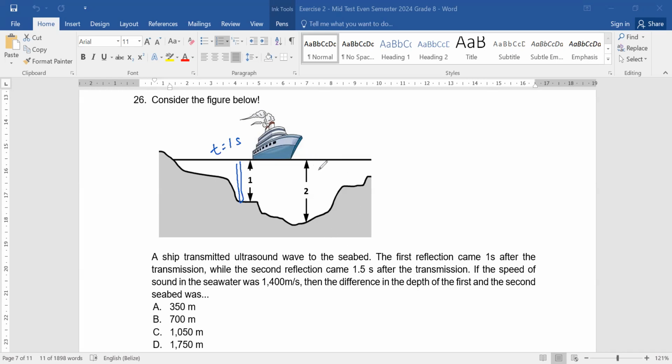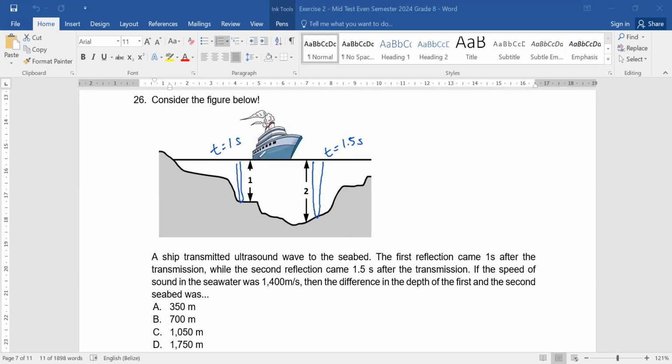So for the second one, 1.5 means the time that the sound travels from the ship to the seabed and then back to the ship is 1.5 seconds here.